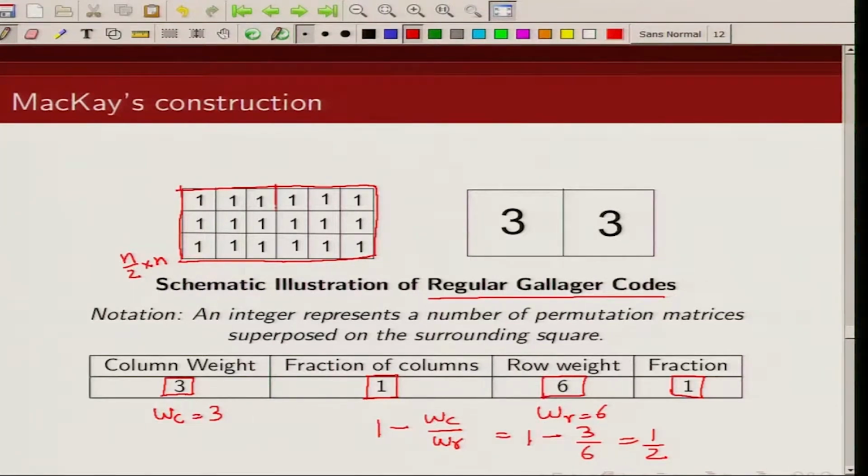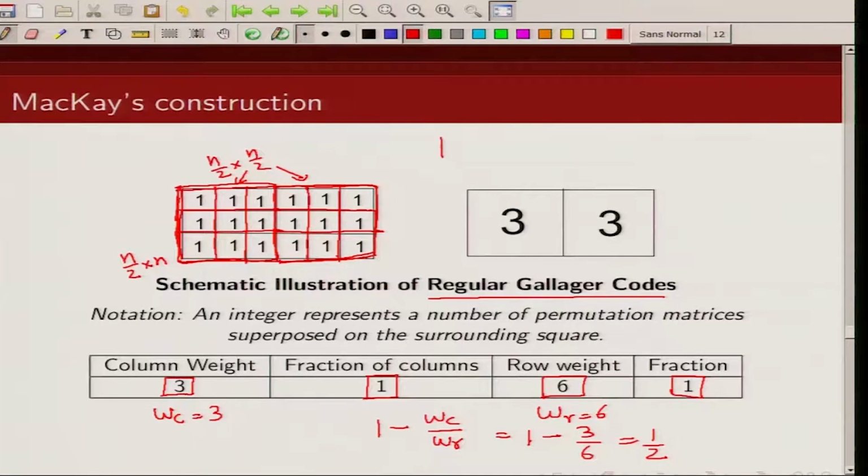This one that you see is an n by 2 cross n by 2 matrix, and this is another n by 2 cross n by 2 matrix. These two are further divided into n by 6 cross n by 6 matrices.